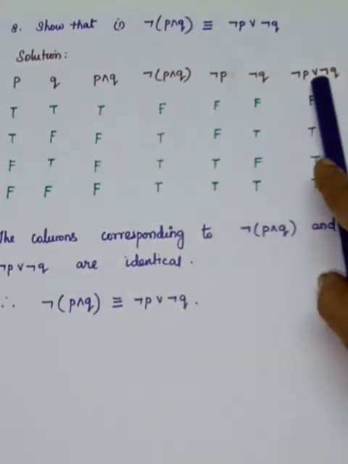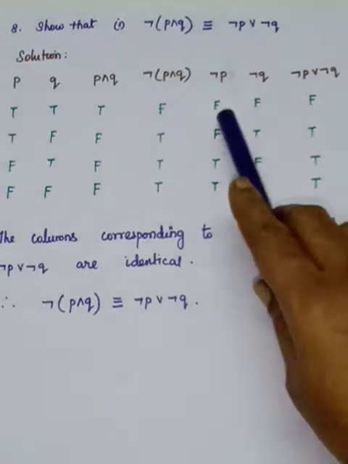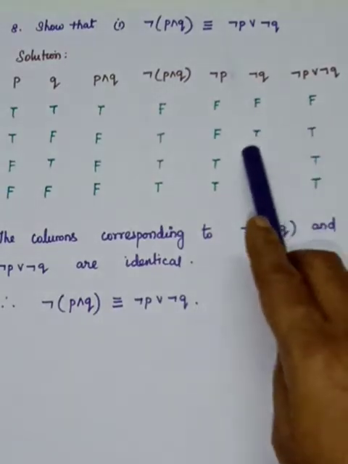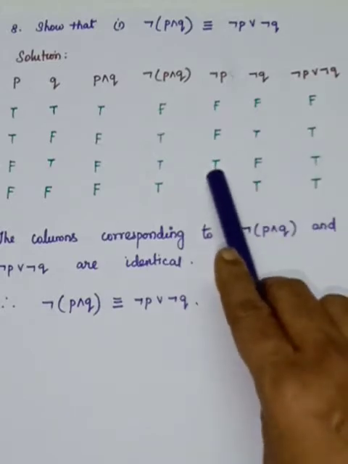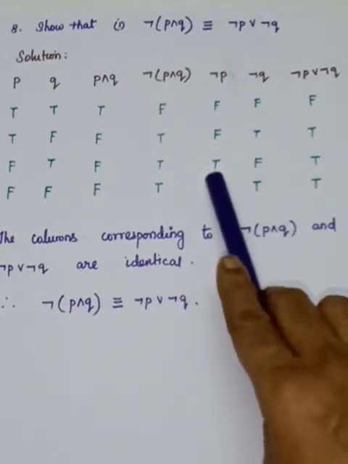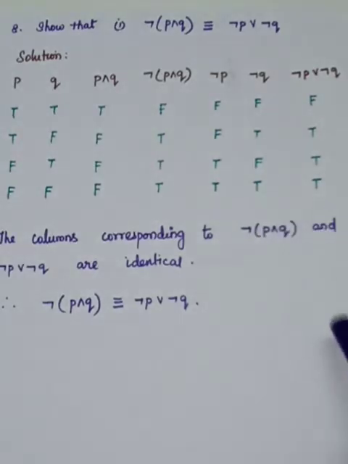In between what you are having? OR. OR means if any one is true or both are true, it is true. So here both are false, so it is false. Here one true is there, so you have to write T. Here also one T is there, so you have to write T. Here both are T, so you have to write T.